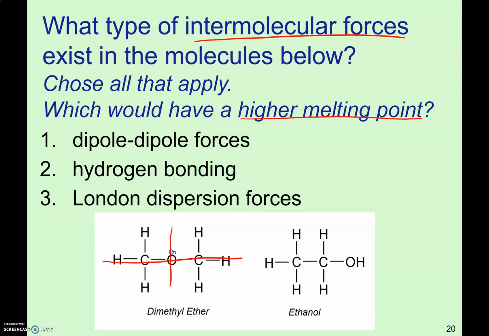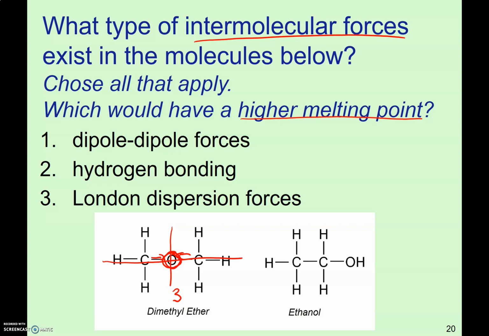It does have this polar O here, but there is a dipole moment here and a dipole moment there, and they will cancel out. So this one is relatively nonpolar, but it does have London dispersion forces. It might be a little polar, there might be a little dipole forces because of this electronegative O, but it's relatively nonpolar.